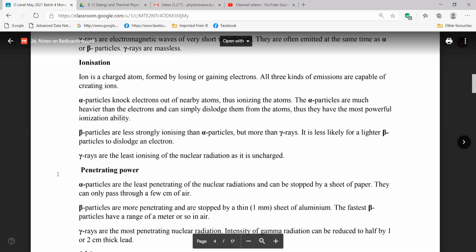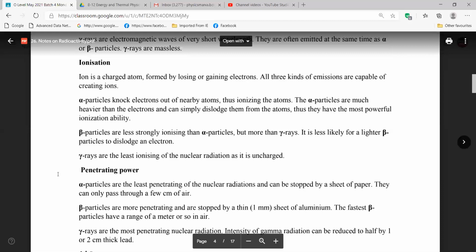And gamma rays don't have any charge. However, because of their speed, they can ionize. Speed means kinetic energy, which can do work on anything, right? So they also have an ionizing effect, but it is the least, not like alpha and beta.